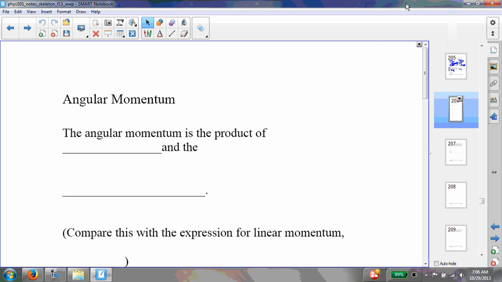Okay, we have one final topic for Chapter 8, and that's the topic of angular momentum. Now, if you recall, linear momentum was the product of mass and velocity, and angular momentum is going to be the product of the moment of inertia, remember, which is our equivalent for the mass in a rotational frame, and the angular velocity.